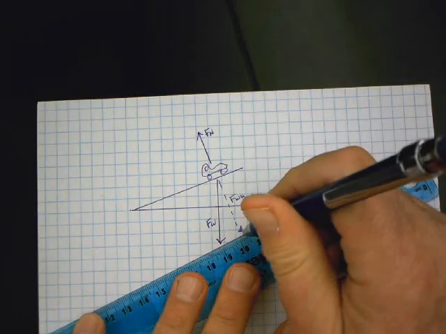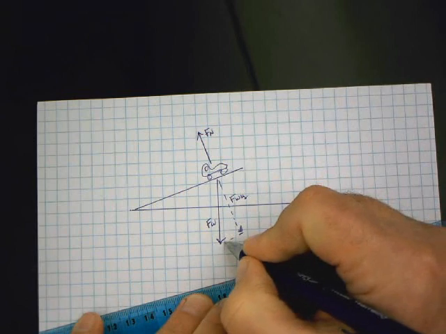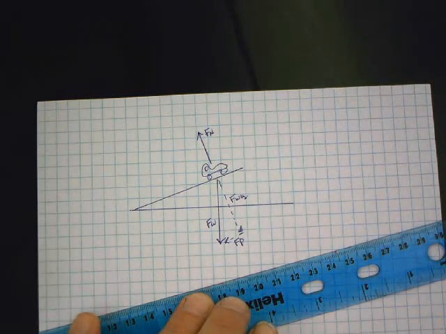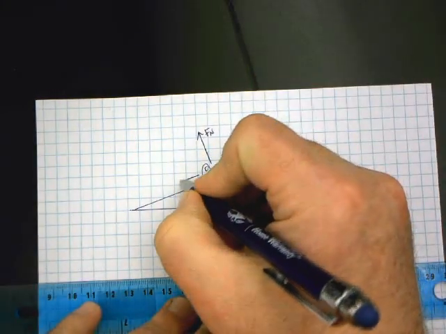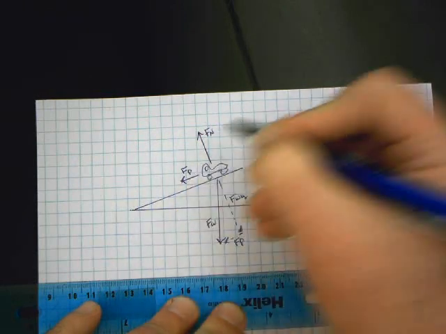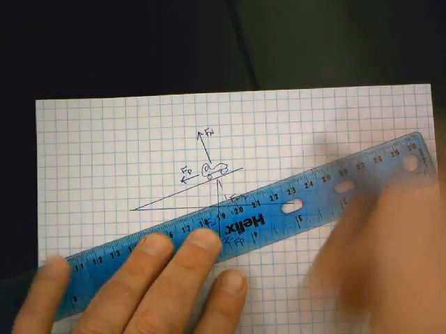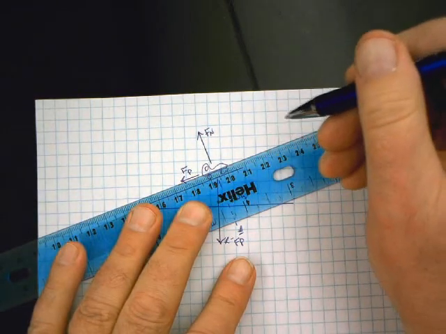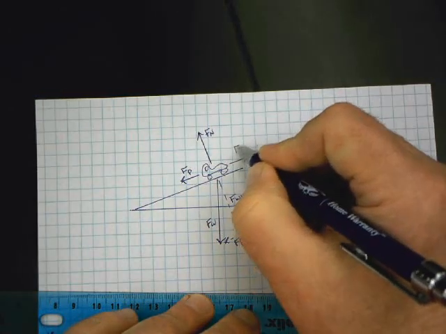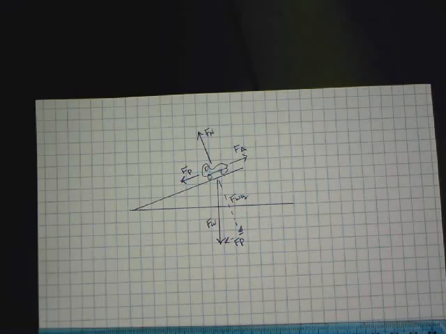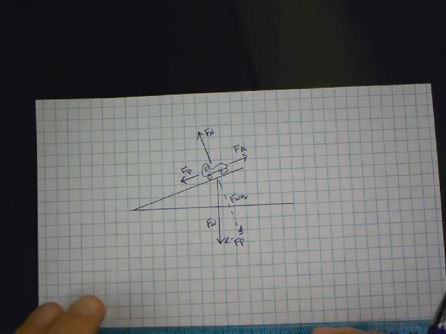There is a component of the weight going down the hill, which I can put over here. And in this case, since we're applying pressure to the gas pedal to make the car go uphill, we have an applied force trying to get us to go uphill.